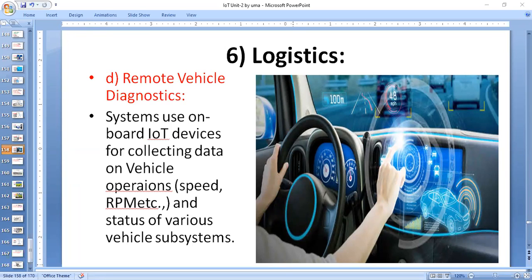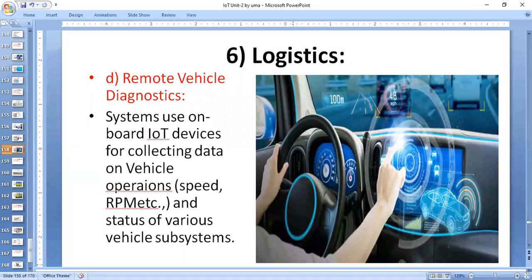In this case, the remote vehicle diagnosis system detects faults in a vehicle and gives a warning to the vehicle. If a part is damaged, then you will do some remedies like that.